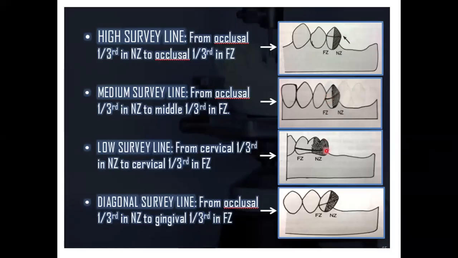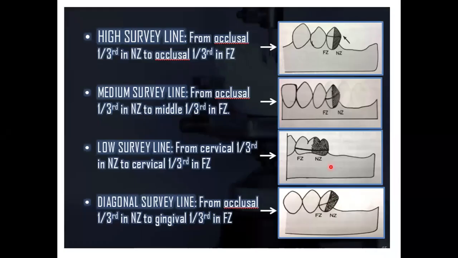If your survey line runs from the cervical one third of your near zone to the cervical one third of the far zone, it is your low survey line. But if your survey line runs from the occlusal one third of your near zone to the gingival or cervical one third of your far zone, then it is called your diagonal survey line.